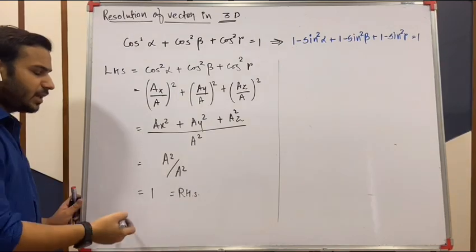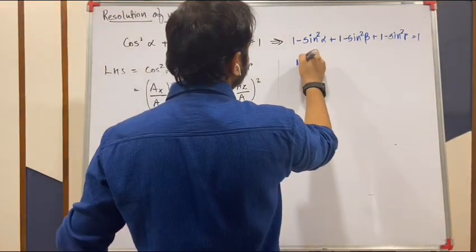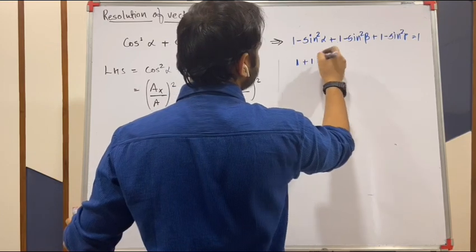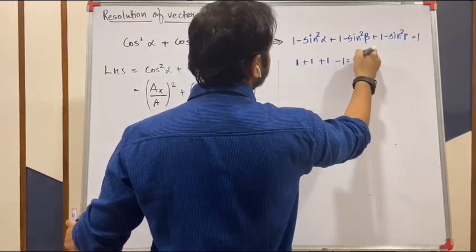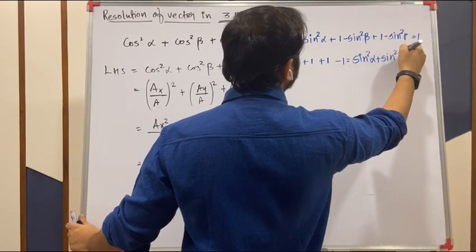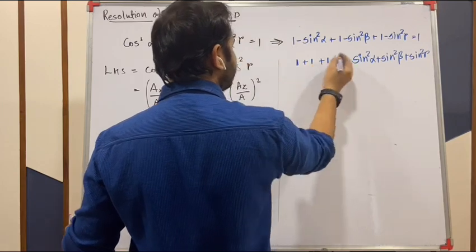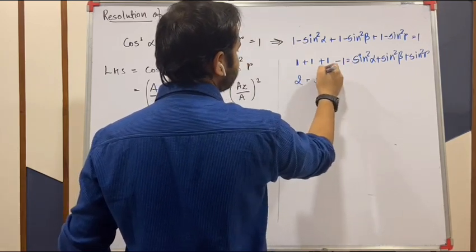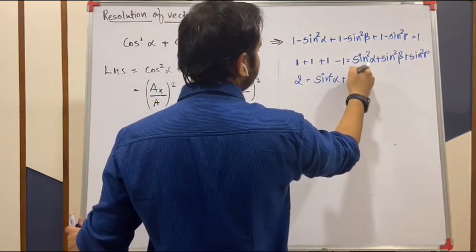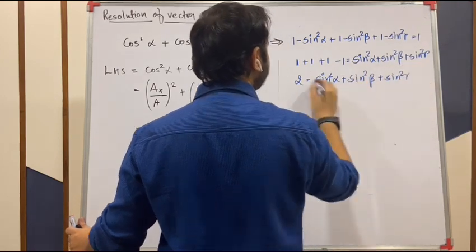Okay, that is mathematically proved. So, 1 plus 1 plus 1 minus 1 is equals to sin square alpha plus sin square beta plus sin square gamma. 2 is equals to sin square alpha plus sin square beta plus sin square gamma.